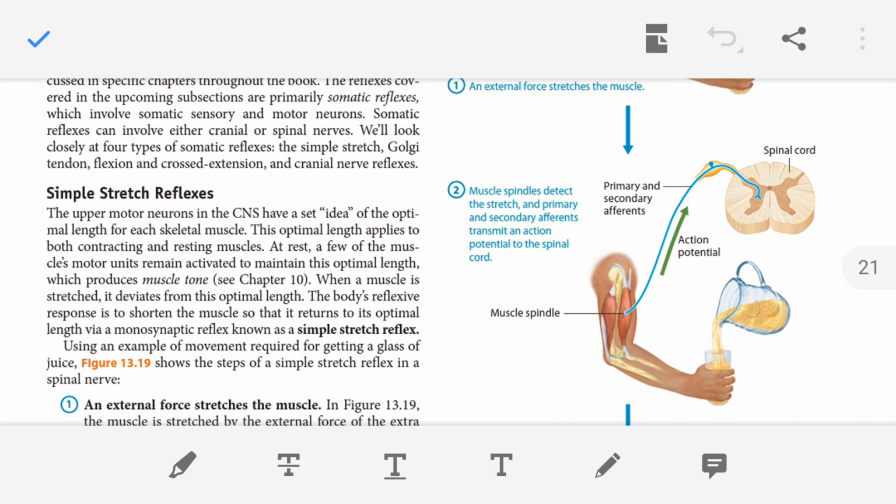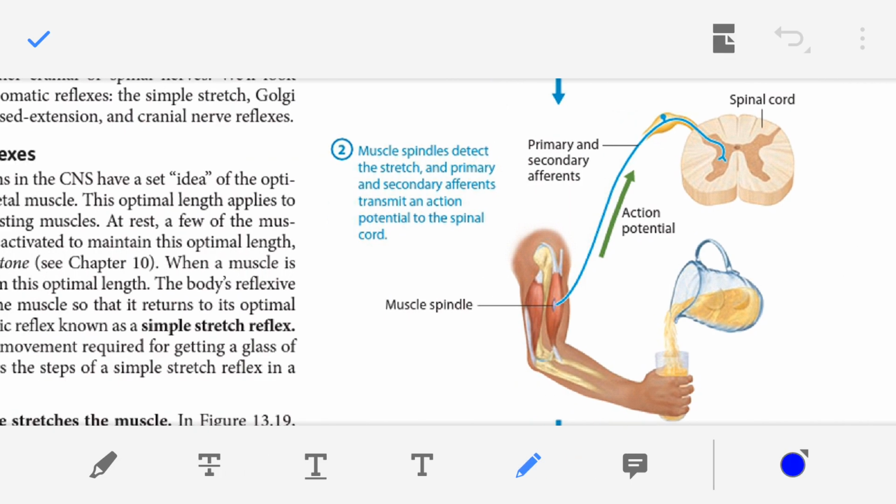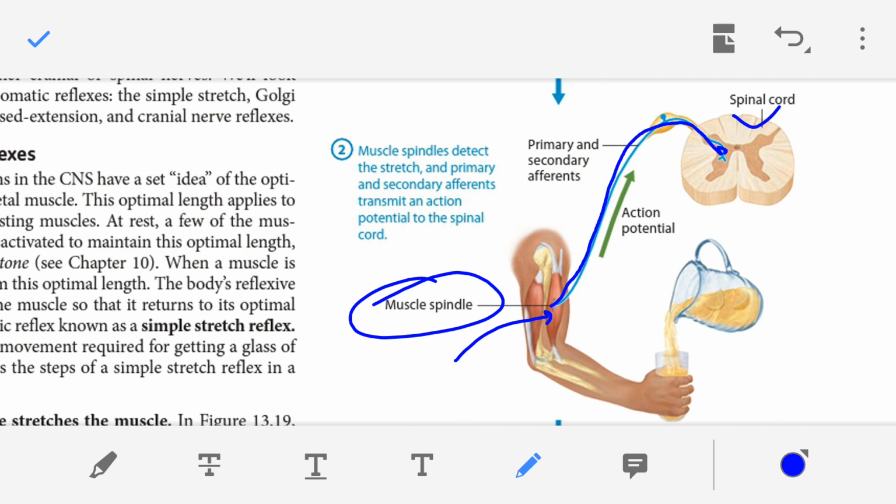Now what happened? From your bicep muscle, from the muscle spindle, the sensory neuron nerve impulse propagates and reaches the spinal cord.